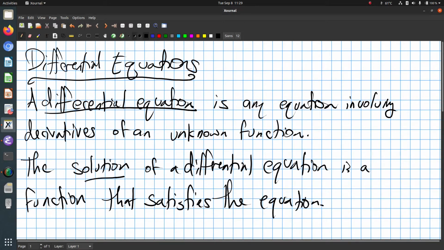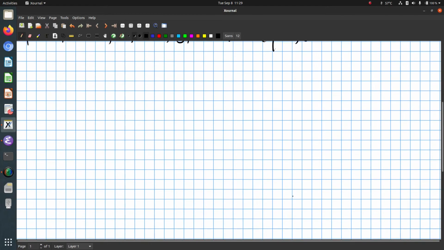So just as a caution, if you run across the solution of a differential equation, it's a function, it's not a single number. It's a little bit weird to think about functions as being unknowns, but that's what differential equations is about. Now, this is the sort of thing that takes some practice, so let's look at a very simple differential equation.